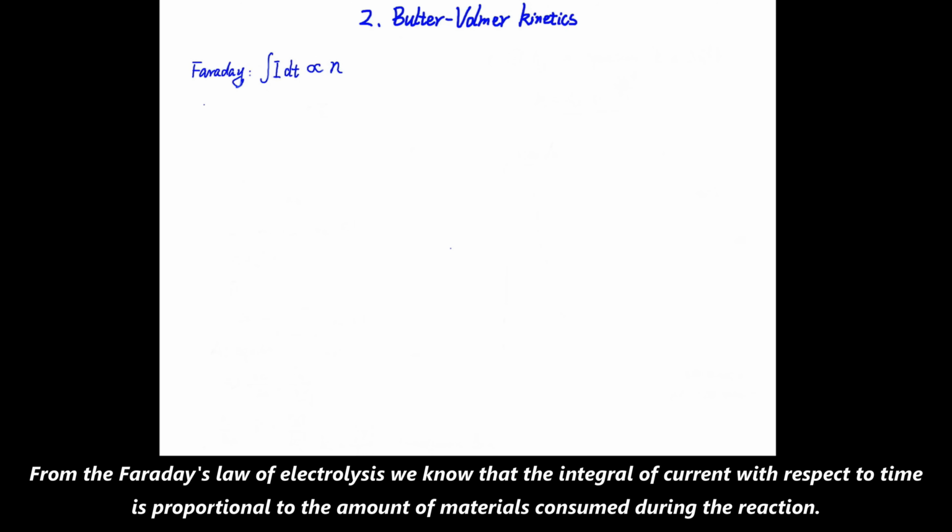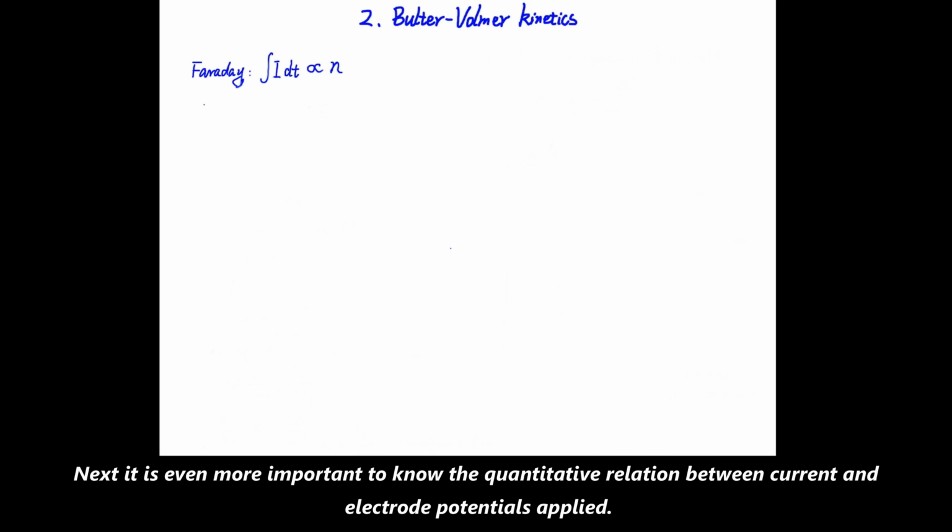From Faraday's law of electrolysis, we know that the integral of current with respect to time is proportional to the amount of materials consumed during the reaction. And next, it's even more important to know the quantitative relation between current and the electrode potential applied.